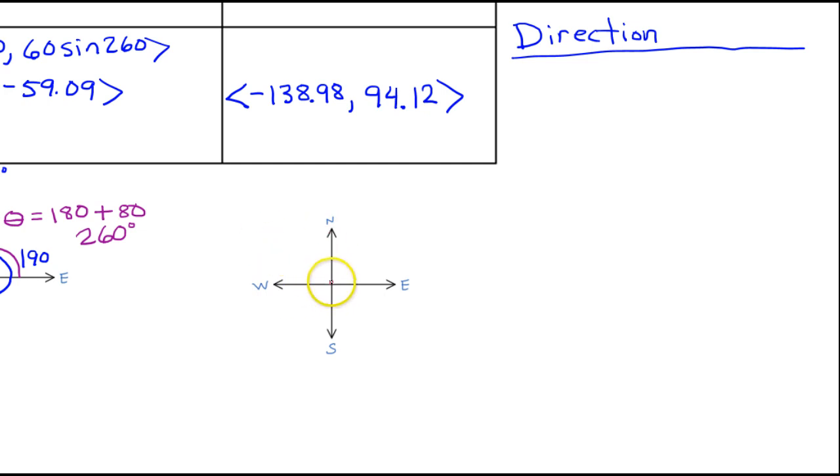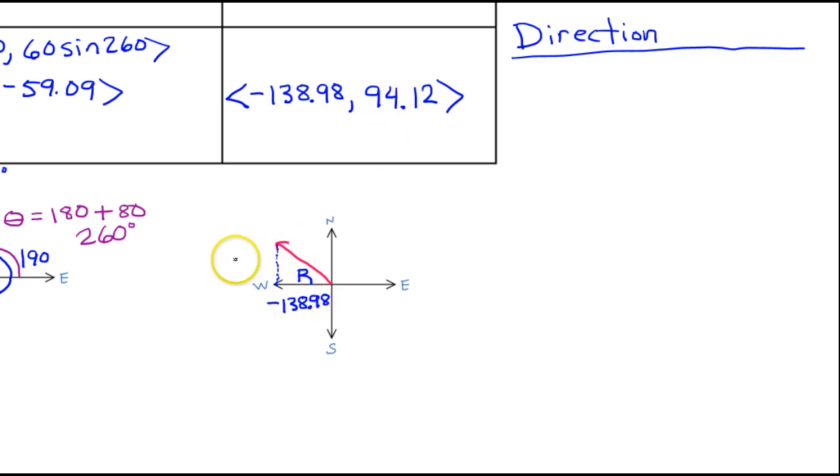So let's go ahead and draw ourselves a vector into the second quadrant. Now let's make a little triangle out of it around the reference angle, which we can call R. Because this is the horizontal component, the negative 138.98 will go here.